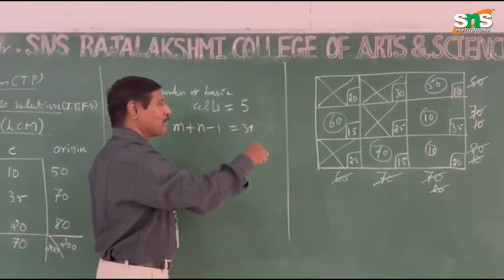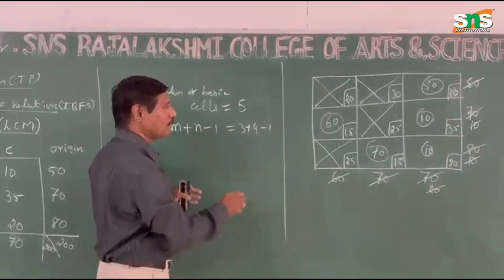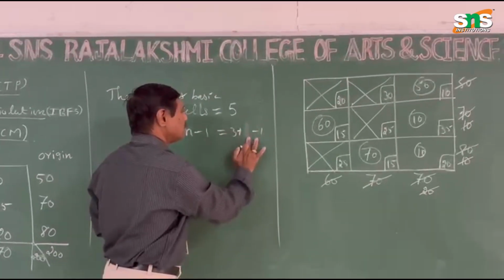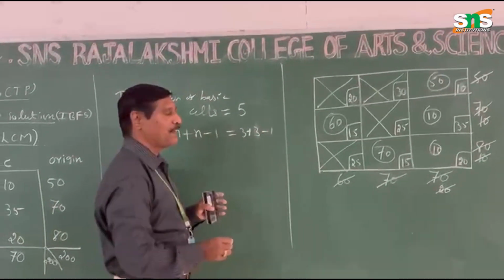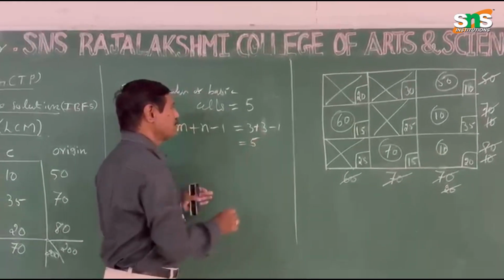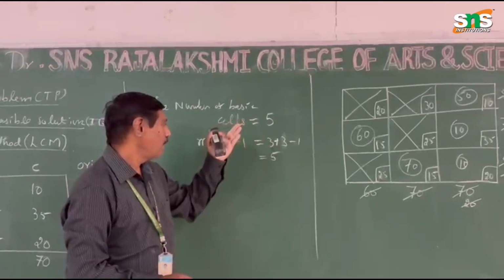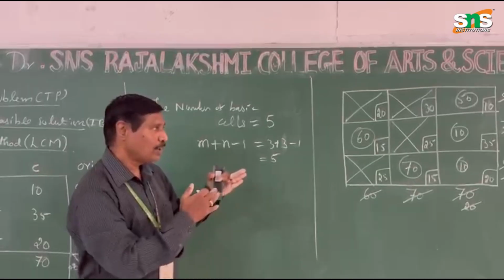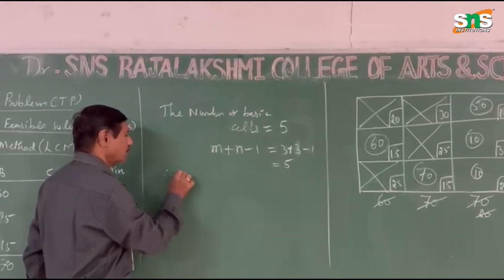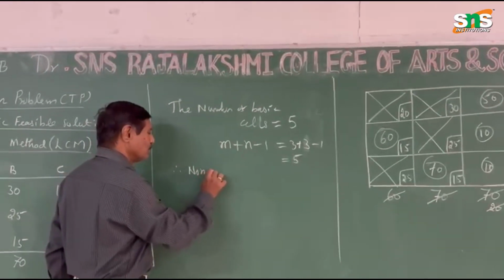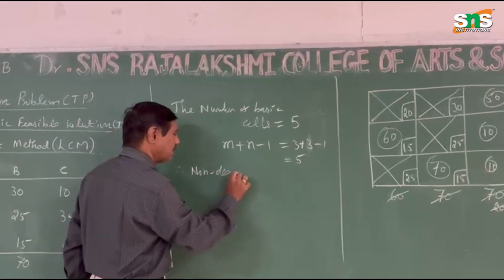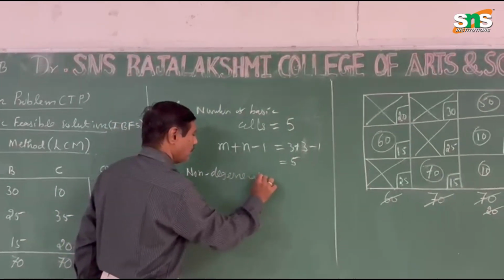And n is the number of columns; there are 4 columns, minus 1. So 3 plus 4 is 7, minus 1 is 6... so m plus n minus 1 is 5. The number of basic cells is 5 and m plus n minus 1 is 5. Both are equal. Therefore, it is a non-degenerate solution.